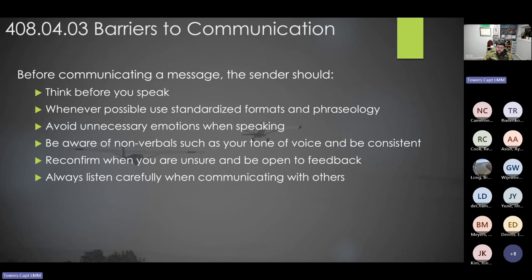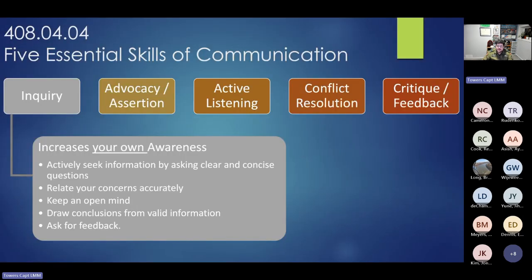So moving on from that, we're going to dive into the 5 essential skills of communication. So we have inquiry, advocacy, assertion, active listening, conflict resolution, and critique/feedback. We'll dive into all of this here, but we've already seen that the communication process can be a complicated circuit that involves many different elements. To communicate effectively, you need to understand the essential skills that will assist in that process.